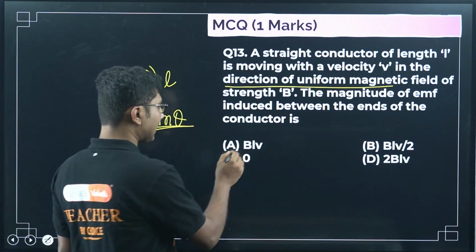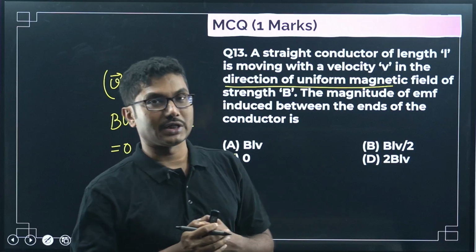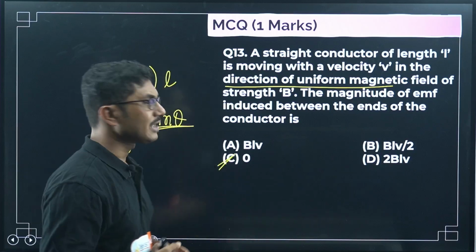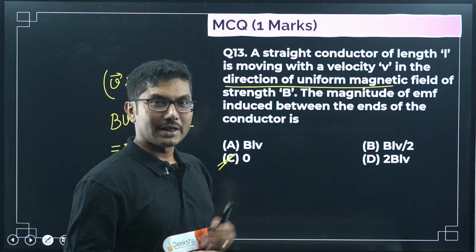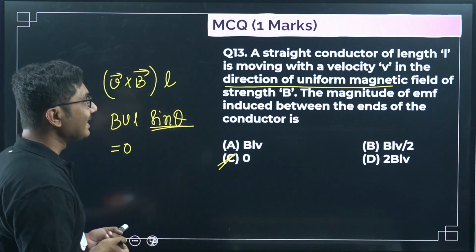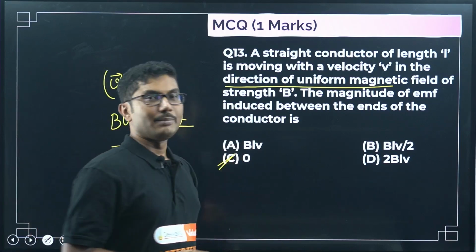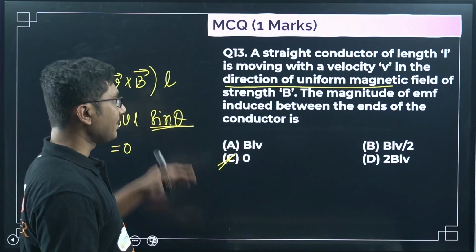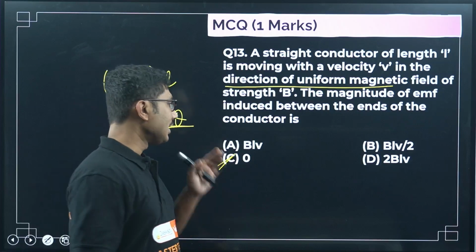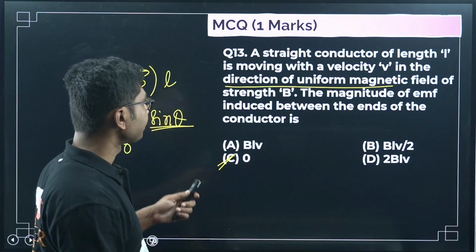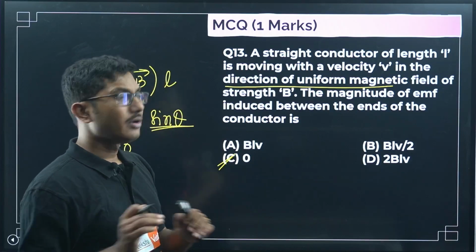So 0 is the correct answer. If the same question is asked with the magnetic field perpendicular to the velocity, in that case it will be BvL or BLv. But since they are in the same direction, it will be 0. So be careful about such questions.